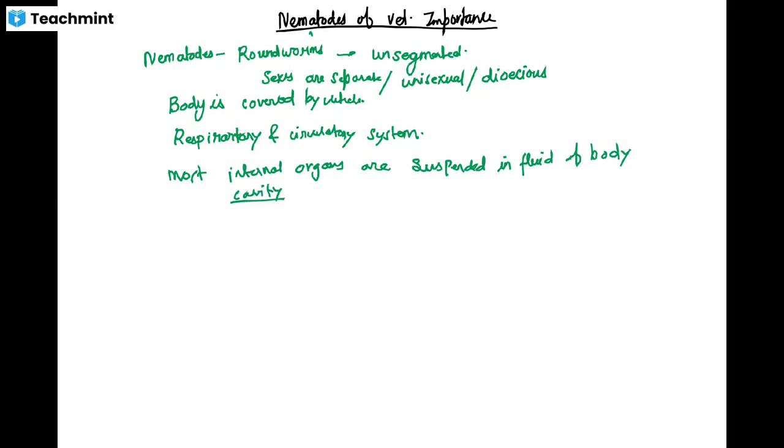Like in mammals, the peritoneum holds most of the internal organs, but in the case of nematodes, most internal organs are suspended in the fluid of the body cavity.